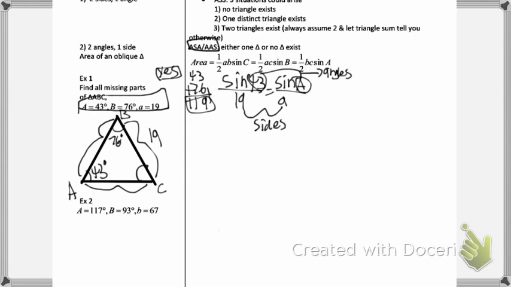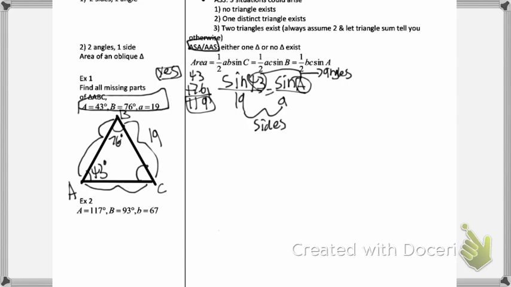So like sine 43 over 19 equals sine A over A. Here, 43 and side A are an angle and a side.